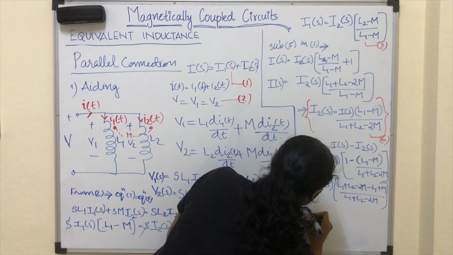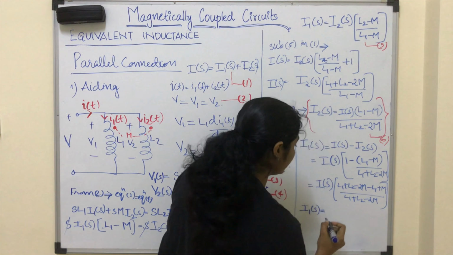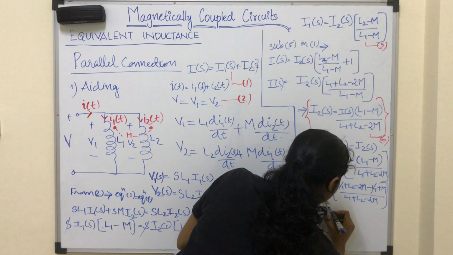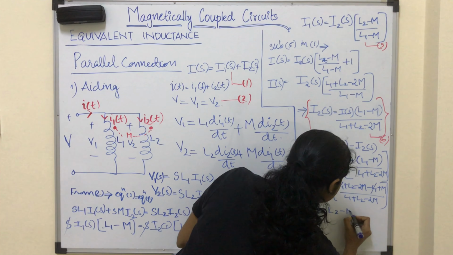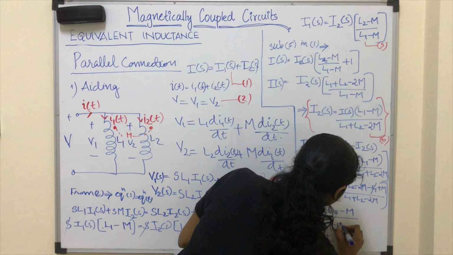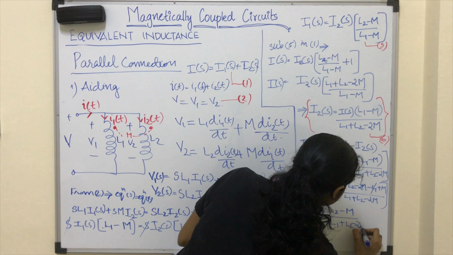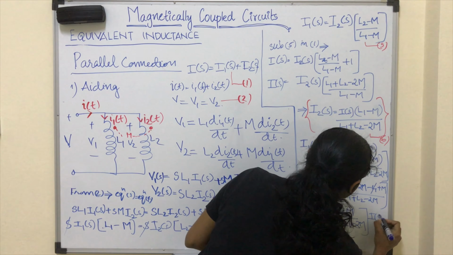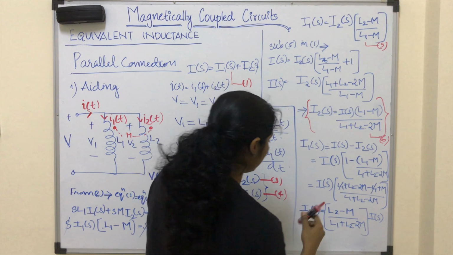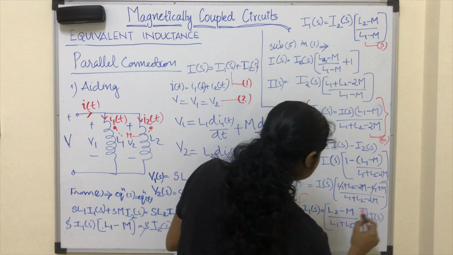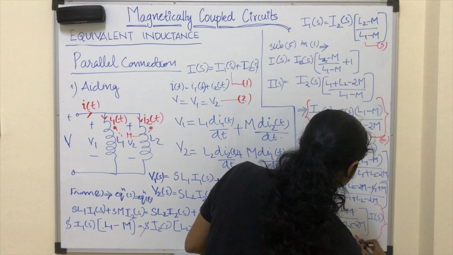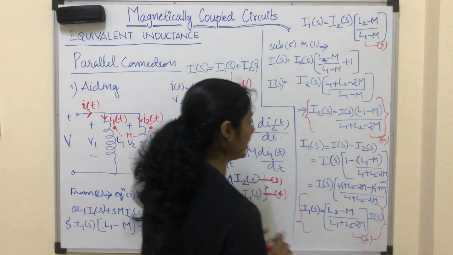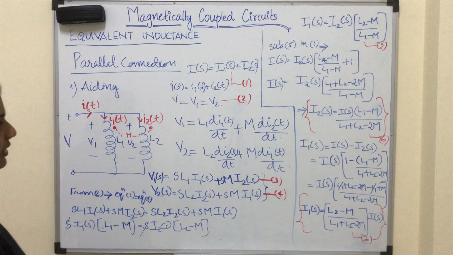That is I1 of S is equal to, cancel these two terms, (L2 minus M) divided by (L1 plus L2 minus 2M) into I of S. So we get two equations, I2 of S and I1 of S in terms of I of S. Let this be equation number 7.